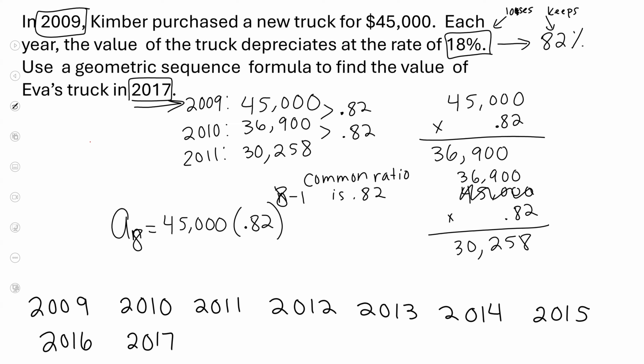So I listed the years for you at the bottom. This is the first term, right? This is the second term. This is the third, fourth, fifth, sixth, seventh, eighth, ninth term is 2017, okay? So that's how you have to count the years. So we're not going to put an 8. We're going to put a 9.